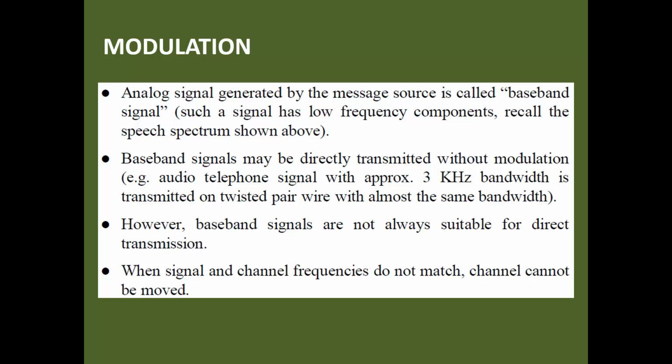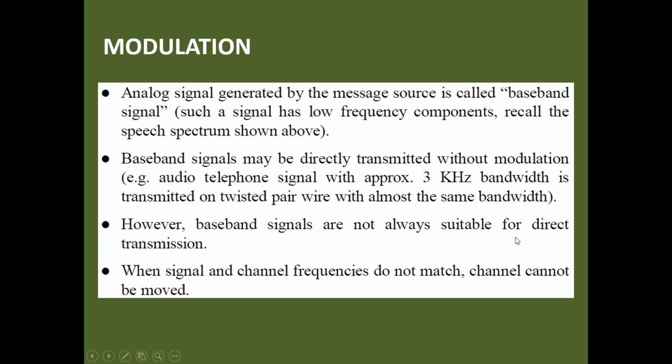Either you can directly transmit the baseband signals without translating them to higher frequencies, without modifying the natural frequencies of the signal. That will be known as baseband modulation. So an audio telephone signal with approximately 3 kilohertz bandwidth is transmitted on twisted pair wire with almost the same bandwidth.